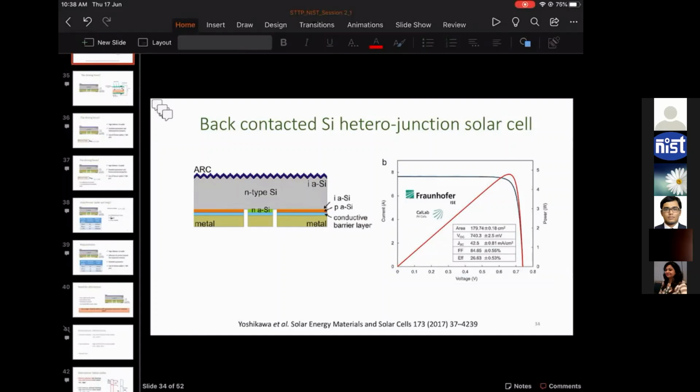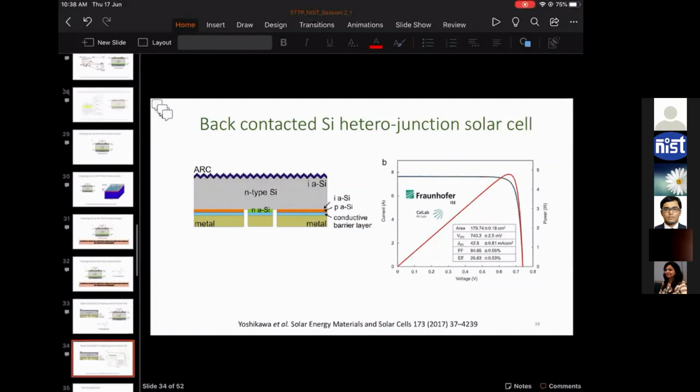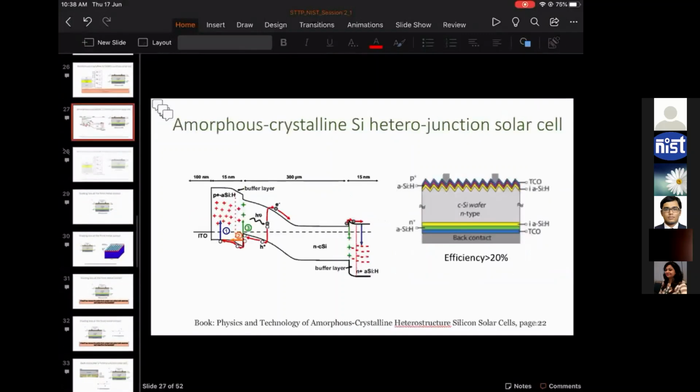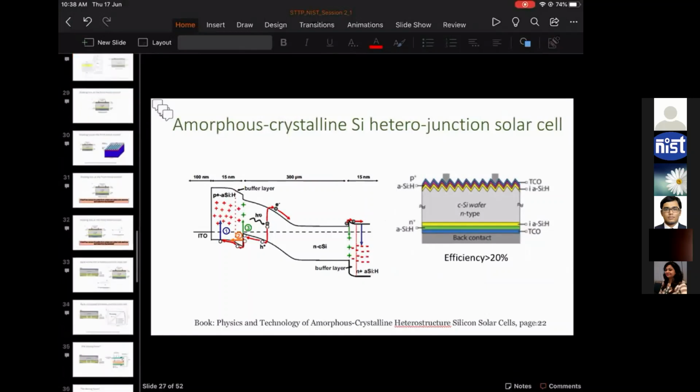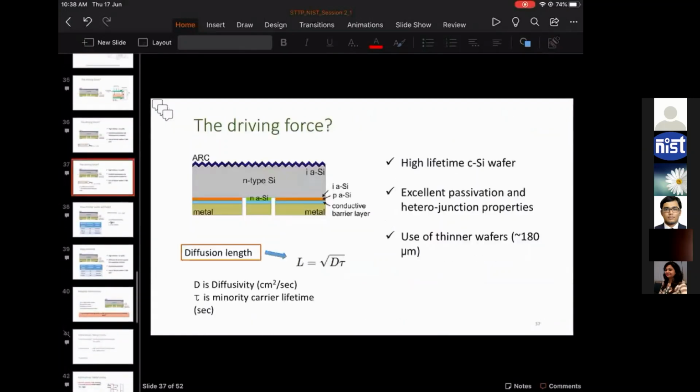Okay, so can you please, madam, go to slide number 37, where you told us regarding the diffusion length of the minority carrier. I am a little bit curious about that.